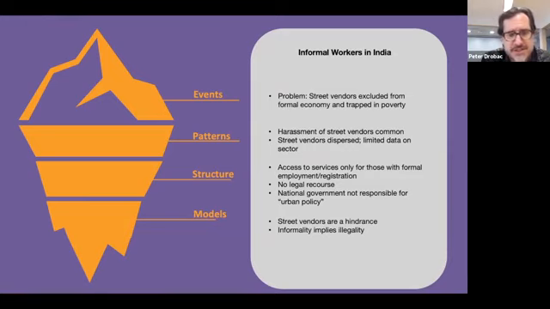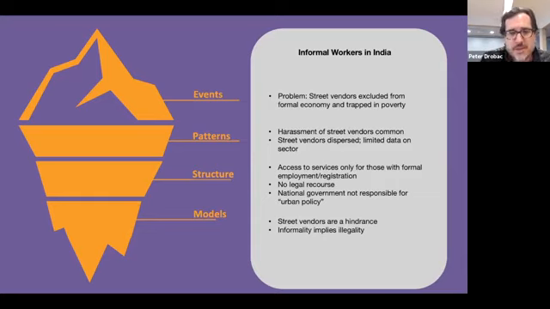Some of the patterns, by no means all of them, that you elucidated last week were that harassment of street vendors was really common, harassment by both mafia and organized crime type groups that would take bribes for protection, but also by local authorities and by police as well.